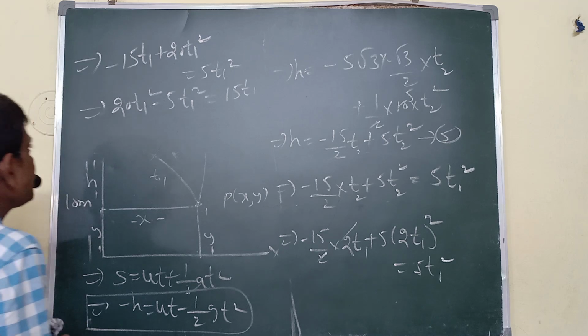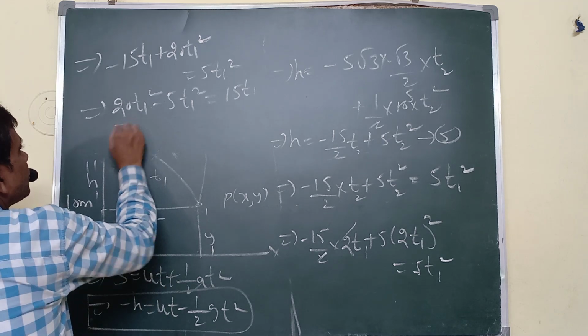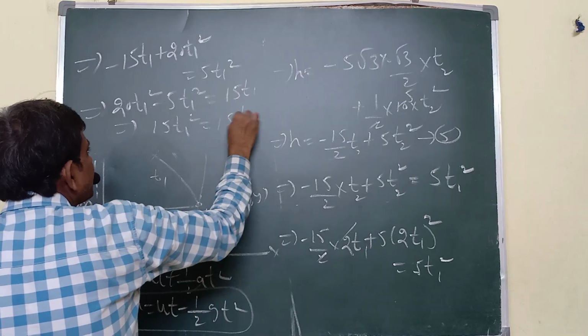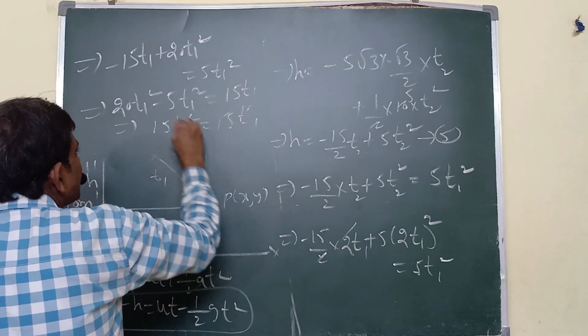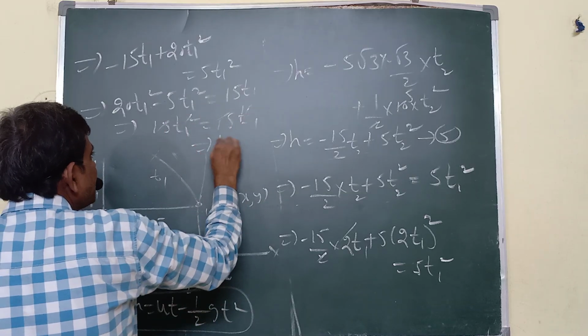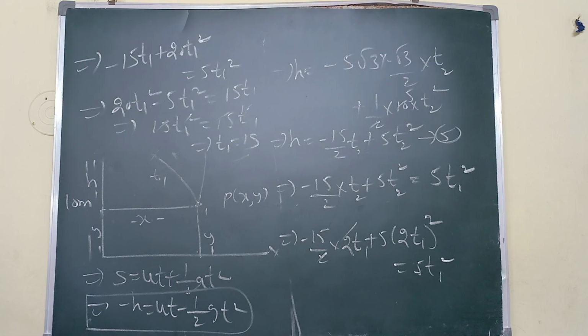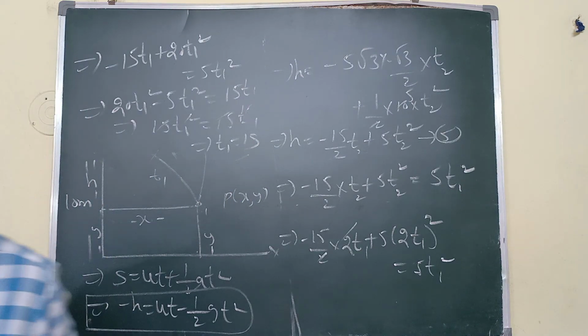So here what I am getting? 15 T1 square, that equal to 15 T1. This T1 cancel, 15 cancel. Now what I am getting? T1 equals to 1 second. That is T1 value.